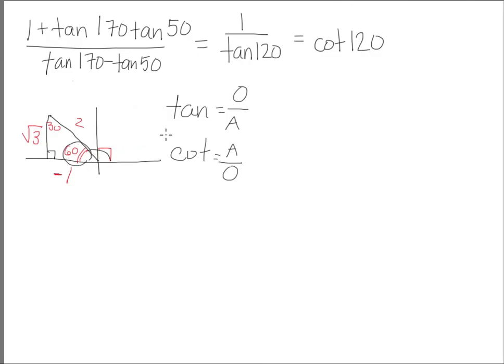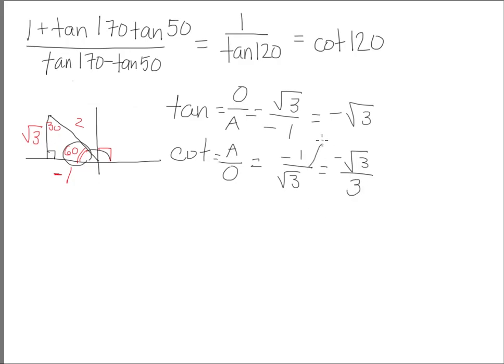The opposite is square root of 3, and the adjacent is -1. So my tangent is negative square root of 3, and my cotangent is -1 over square root of 3. We cannot have a radical in the denominator, so it's negative square root of 3 over 3. And that is the answer. Yay.